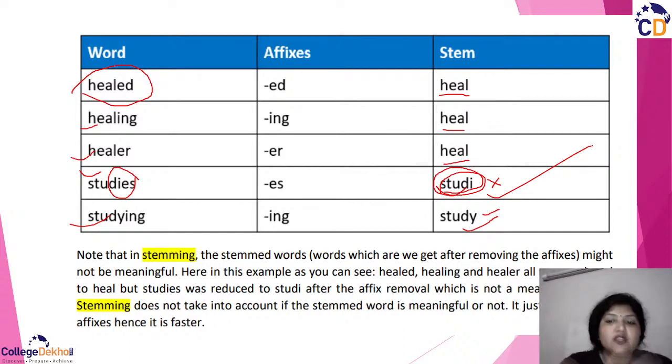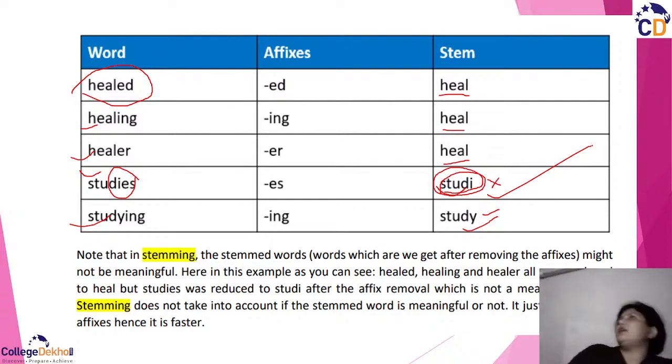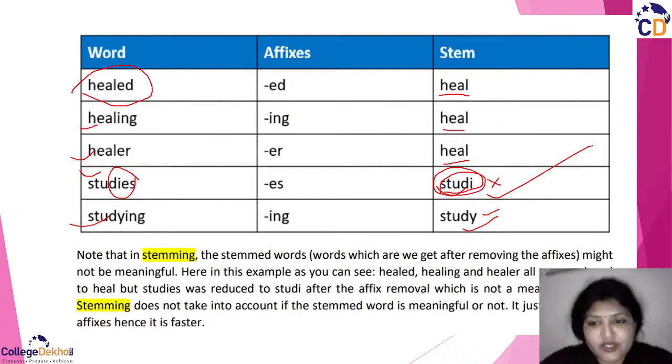But we also need to understand why there is a need to remove the affixes. We need to generate the TF-IDF, and in the process of TF-IDF we need both stemming and lemmatization. Stemming does not take into account whether the stem word is meaningful or not. It is not its responsibility; it is just an algorithm which removes the affixes part.